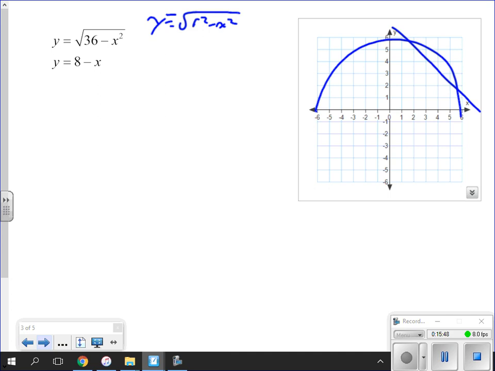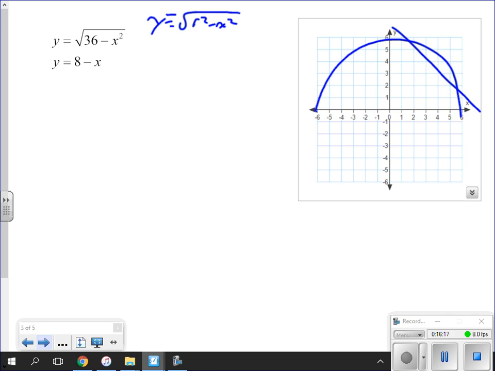I might have none if it doesn't intersect at all. I might have two, which would be represented by what I have here. I'm not being entirely accurate in my graphing because I want to rely more on the algebra. But I do want you to understand that first one is the semicircle. You're actually going to see that equation several times in your calculus textbook if you're taking it next year.